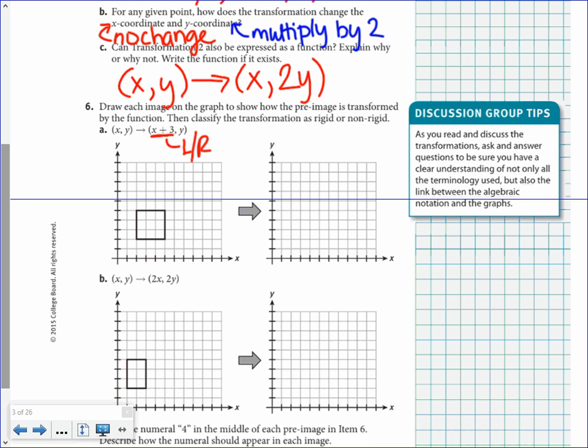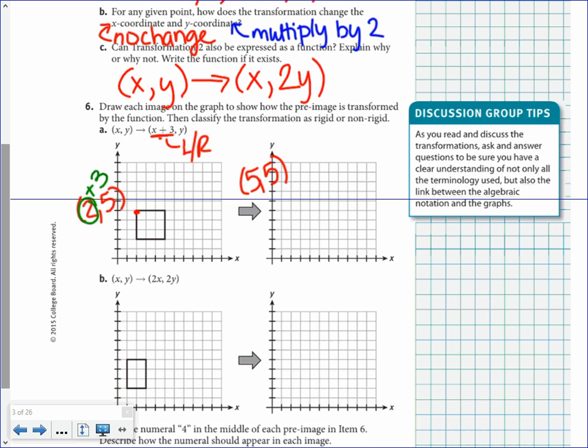So I'm going to start with the top left corner of our square. That point is 2, 5. Remember, your x value is left to right, and then you go up 5. My transformation takes my x's and adds 3. So this 2 is going to have 3 added to it, so that it's going to become the point 5, 5.